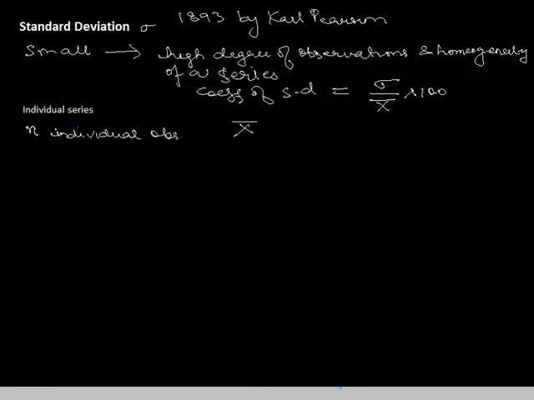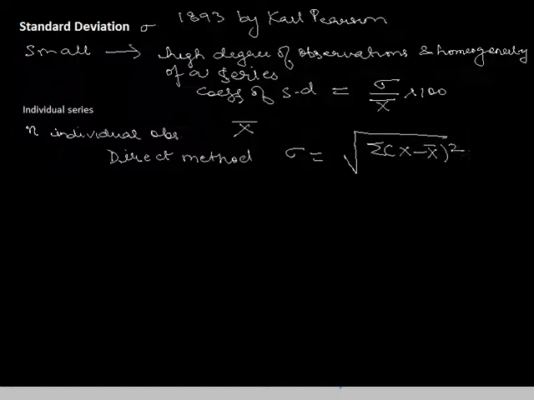Then the direct method to find the standard deviation is sigma equals the square root of summation of (x minus x bar) whole square upon n, and this gives us our standard deviation.